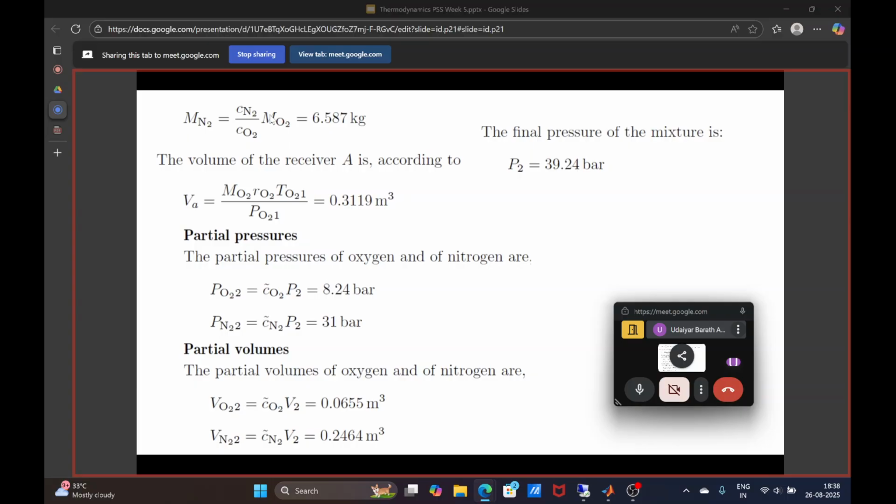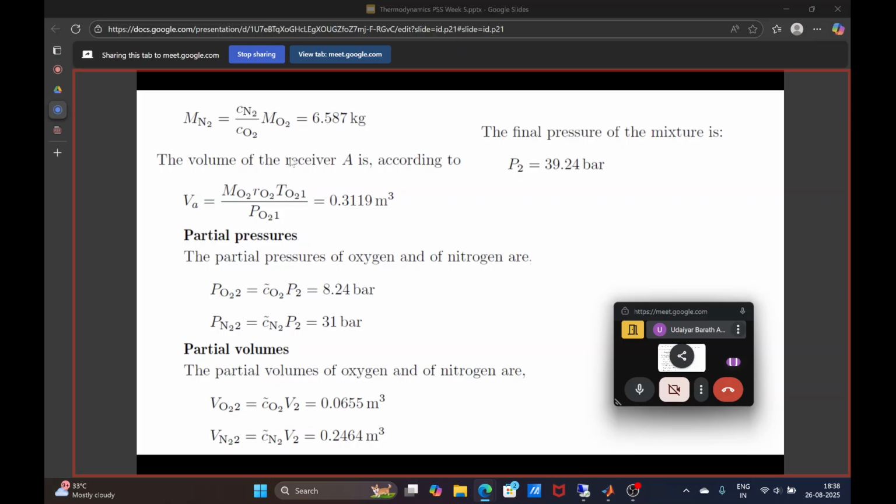What we are saying is the total mass is constant, so the mass fraction of nitrogen can be written as mass of nitrogen divided by the total mass of the mixture. Taking the denominator to the other side, we get mass of nitrogen divided by mass fraction of nitrogen equals mass of oxygen divided by mass fraction of oxygen. Rearranging, using that we can find the mass of nitrogen to be 6.587 kg.